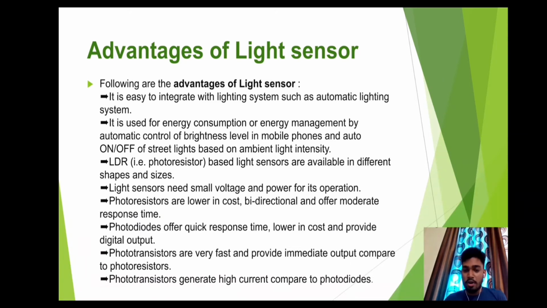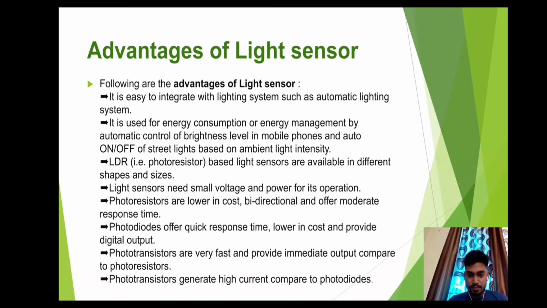Photoresistors are lower in cost, bidirectional, and offer moderate response time. Hence, it can perform and give us output after some time duration. And it is bidirectional. It can work in both directions. And it offers moderate response time, means it takes some time to give the response.